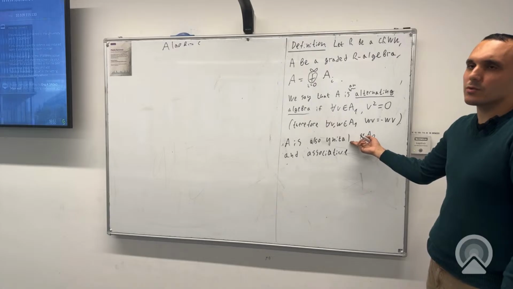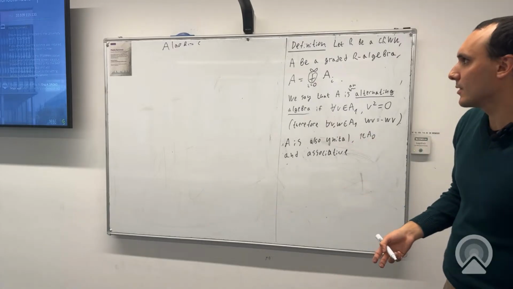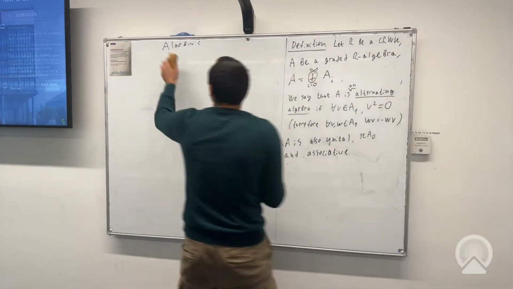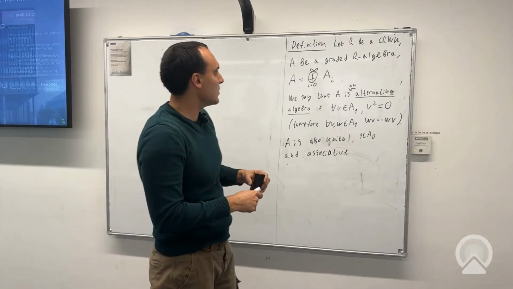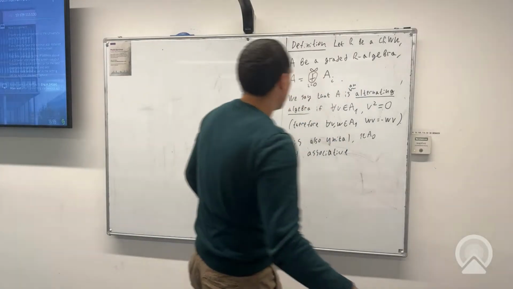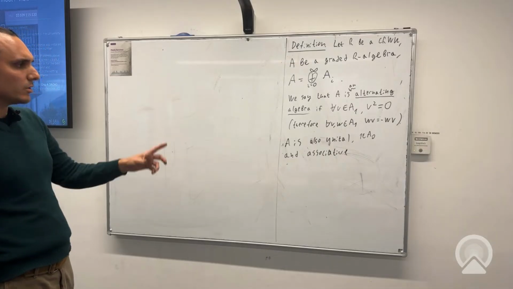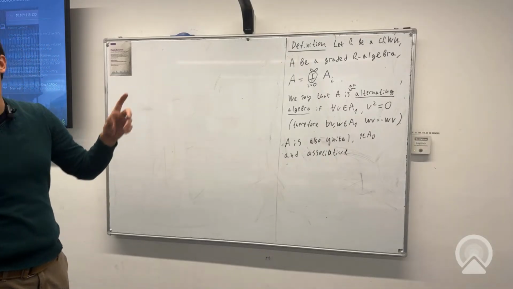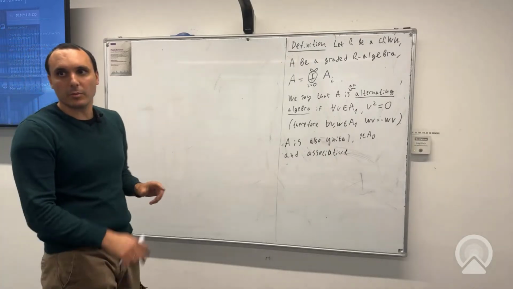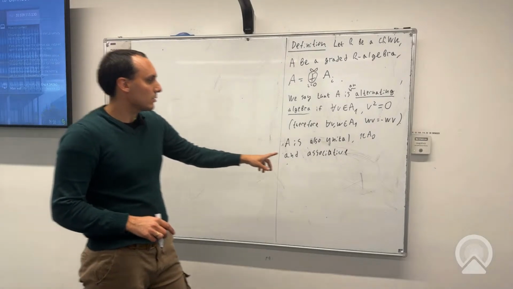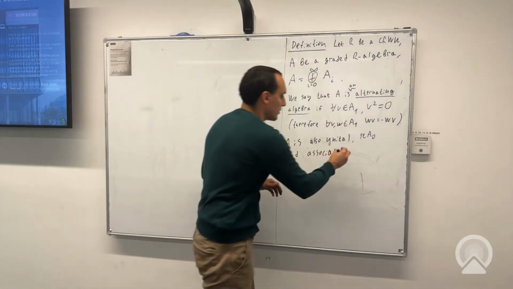It's a useful property. I think in the literature they assume it's unital. So it's associative, unital, and has the alternating property. Yes. And associative. Okay.